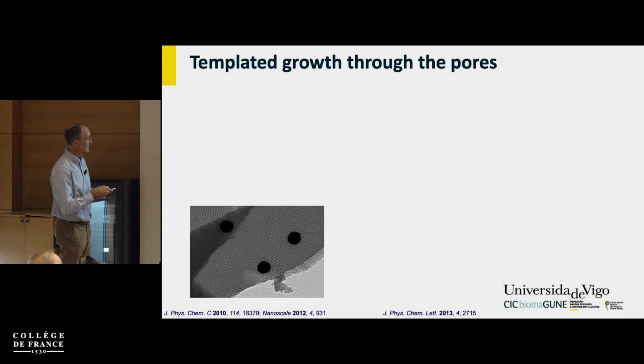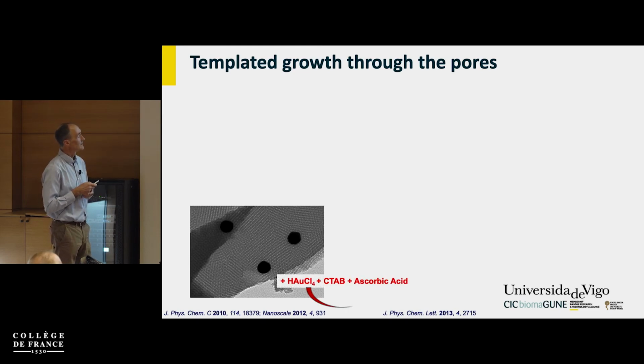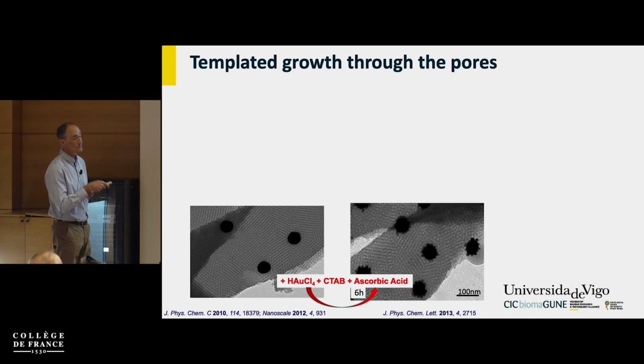This is a very nice picture of the gold particles which have been scratched from the composite film. So you can see also very nicely the well-defined pores on the silica film. And then by doing this seeded growth process that we always use, we were indeed able to obtain particles with tips.